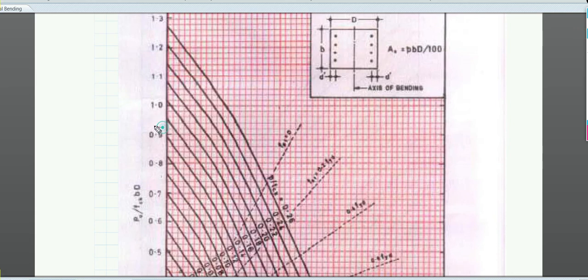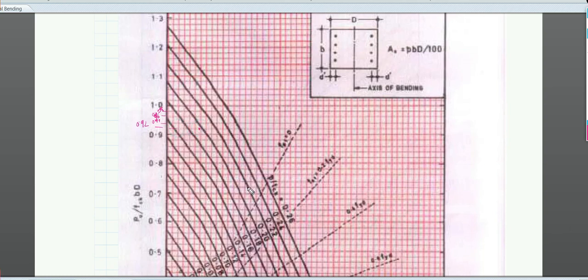These values are 0.92, then 0.94, then 0.96, then 0.98, like that, right? So we have 0.92. Two will be somewhere here, and 1 2 3 4 5 6, so it will be somewhere here.